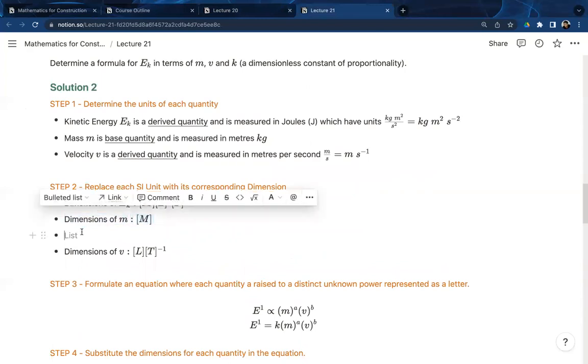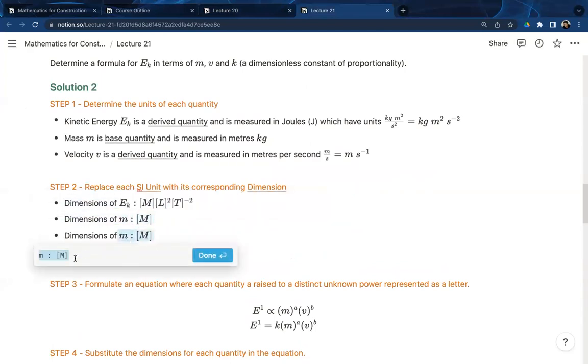So you could grab all of this. So let me see.